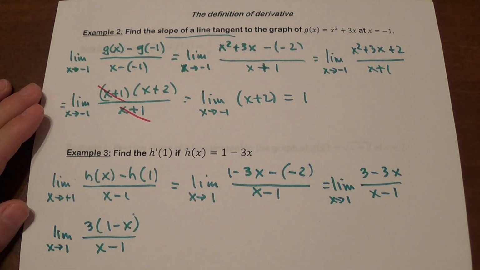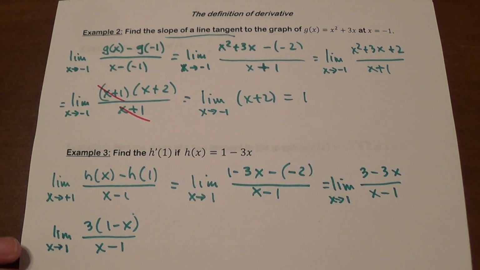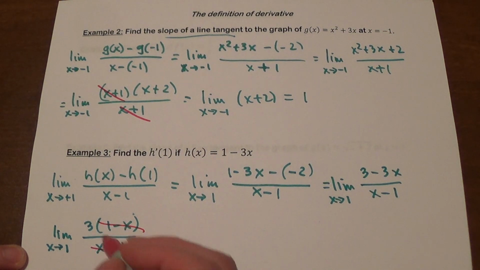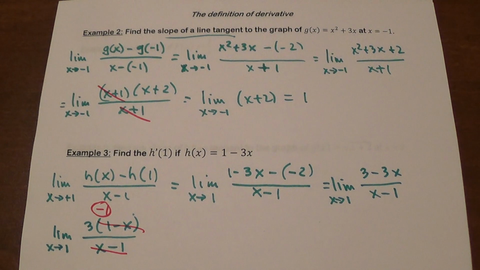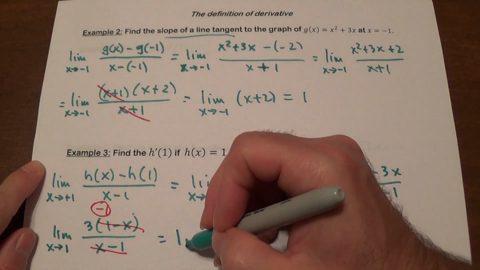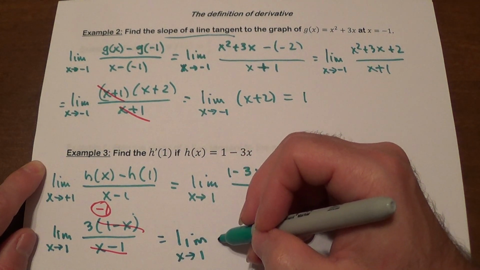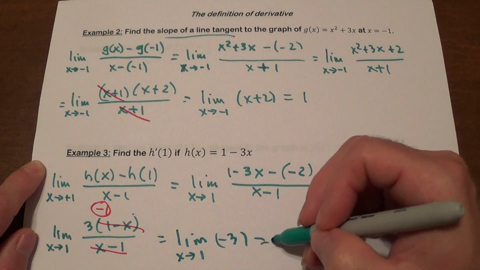So you should notice here that x minus 1 and 1 minus x are the opposites of each other. So you can cross them out, but when you do, don't forget there's going to be a negative 1 left, because that's what happens when you divide the opposites. And we continue, going to get the limit as x approaches 1 of negative 3, which is negative 3, of course.